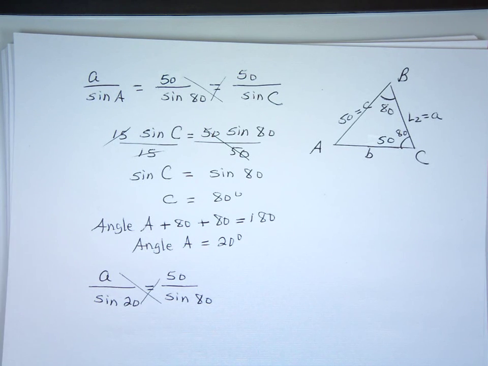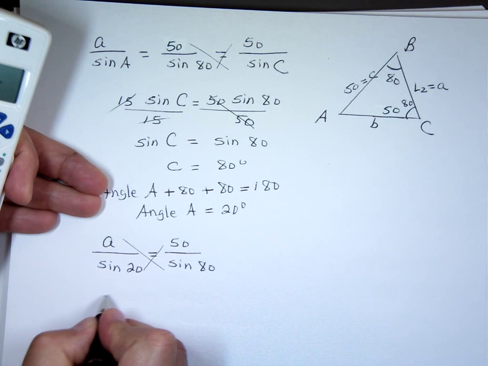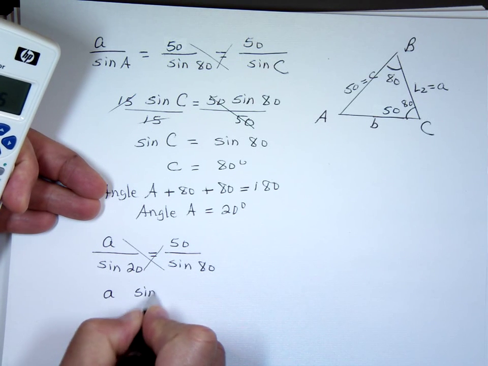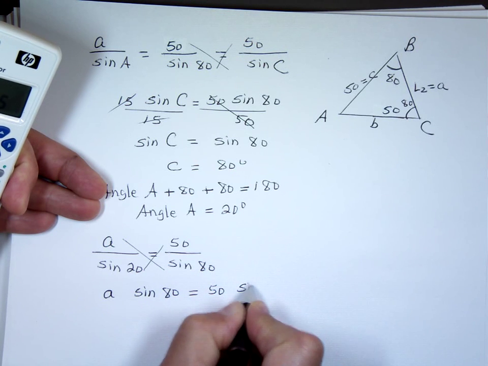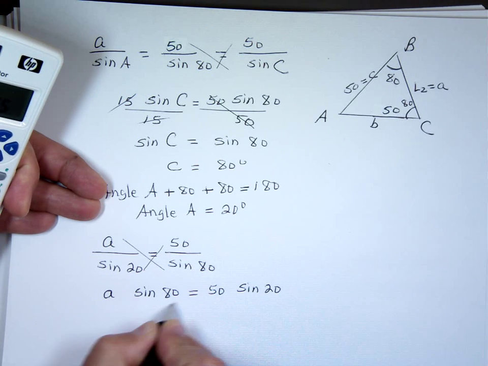Cross multiply here. A sine 80 equals 50 sine 20. Divide both sides by sine 80.